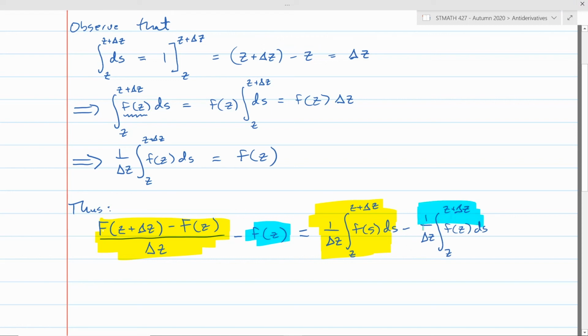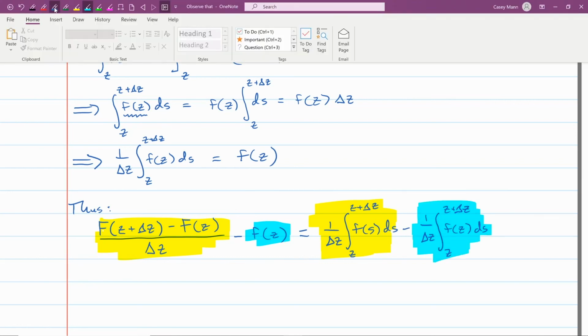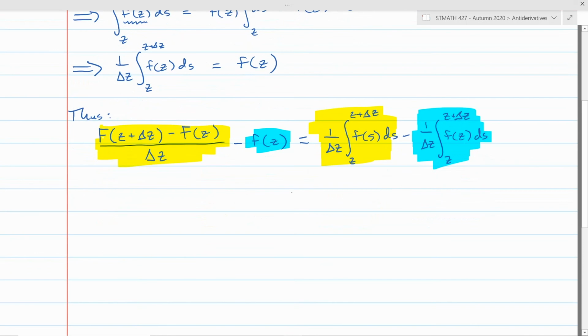So the things in blue are equal, and then by properties of integrals we can combine the yellow and the blue terms into one integral and write that as 1 over delta z, integral from z to z plus delta z of f of s minus f of z ds.